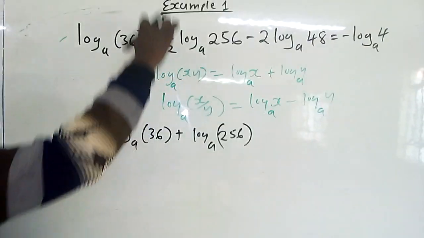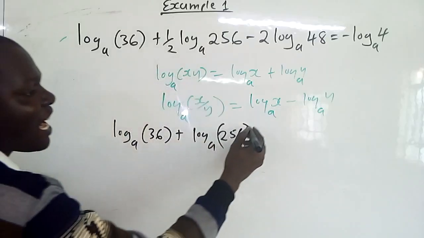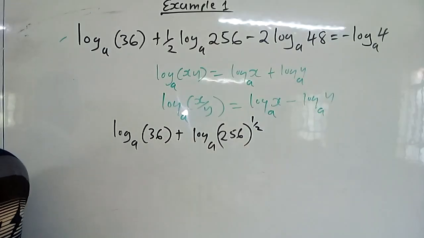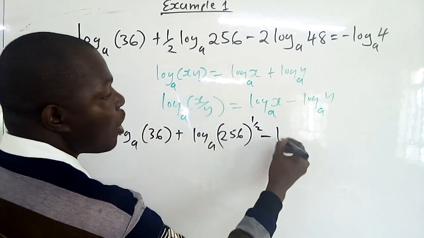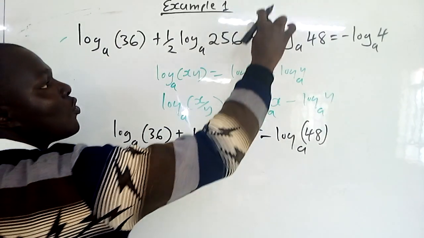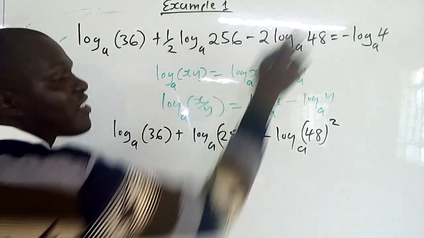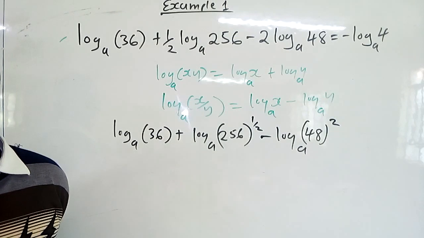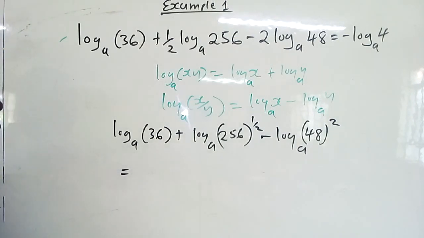The coefficient is the power of the number inside the log, so this a half is the power of 256. Then you move on, minus 2 log 48 to base a, meaning this 2 is the power of 48. The coefficient of the log is the power of the number inside the log. Are we together?